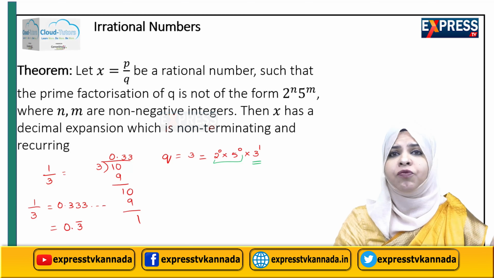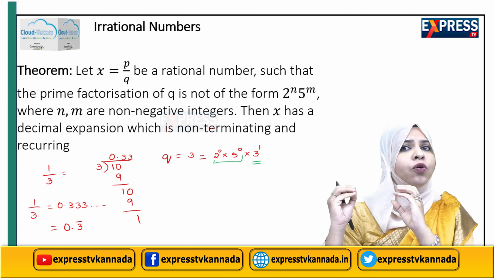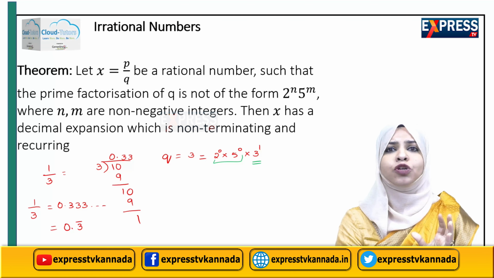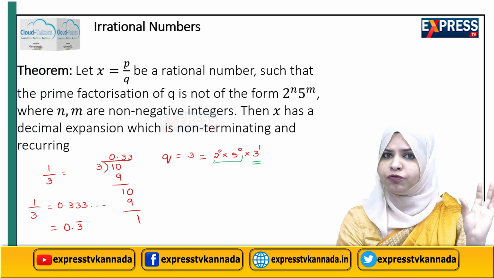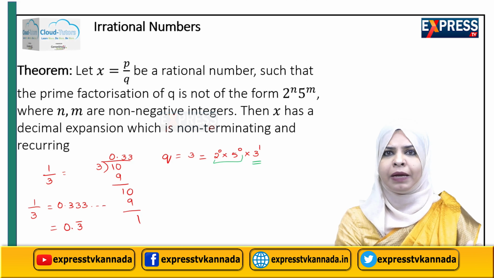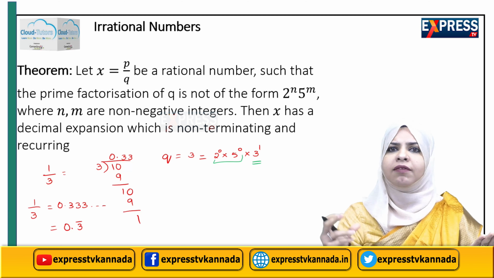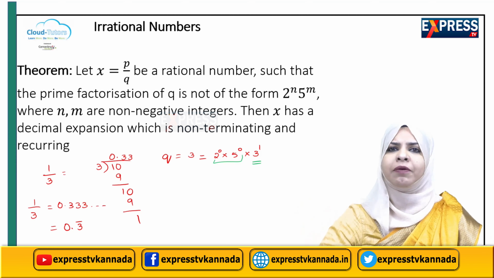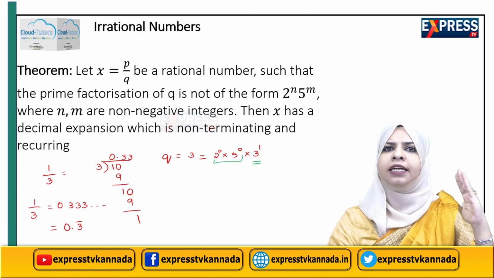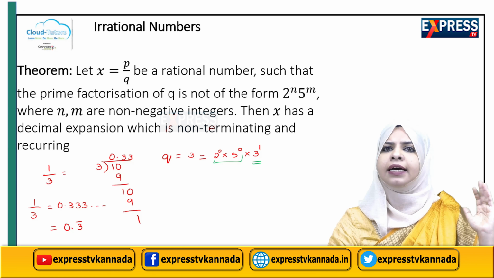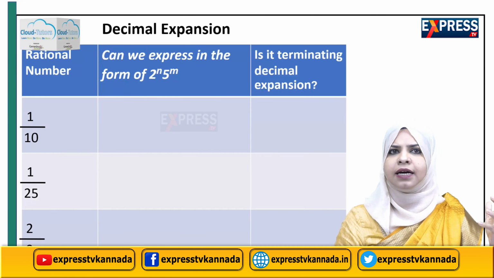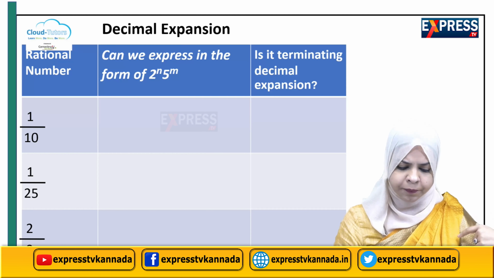So therefore I should only express the denominator in terms of factors of 2 and factors of 5. Now I have one more prime factor, that is 3. So whenever I have any other prime factor other than 2 and 5, then it is very clear that it is non-terminating and recurring. Okay, so let's solve a few questions here.